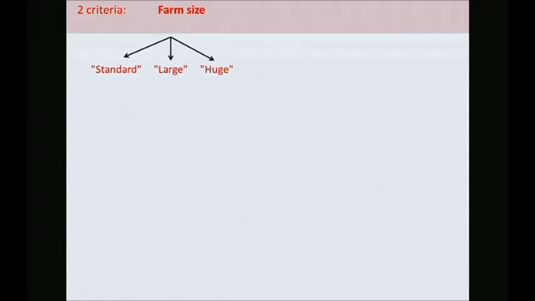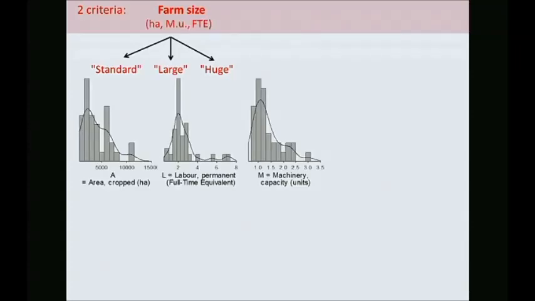So those framed criteria, well, not surprisingly, farm size matters. 3 groups that I called, for lack of a better word, standard, because small really doesn't apply in Australia, large and huge. And importantly, those groups are not just defined by the farm size and the cropped area, but by a number of variables that included labor and machinery capacity, so essentially how wide your machinery is.